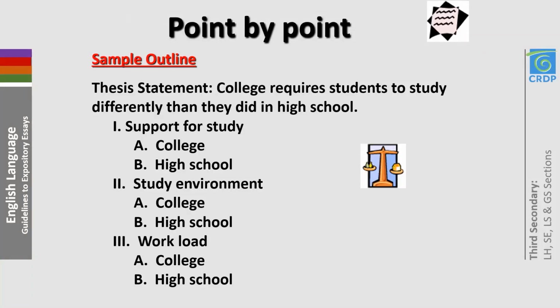For example, number one, the first paragraph, support for study. You talk about support for study in college and in high school in one paragraph. So the first aspect is support for study. The second aspect is study environment. The third aspect is workload. So here we're taking different aspects, and each aspect is developed in one paragraph.